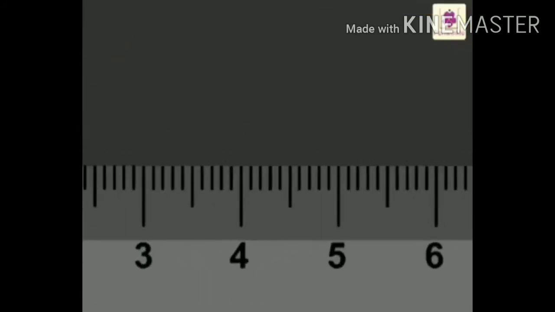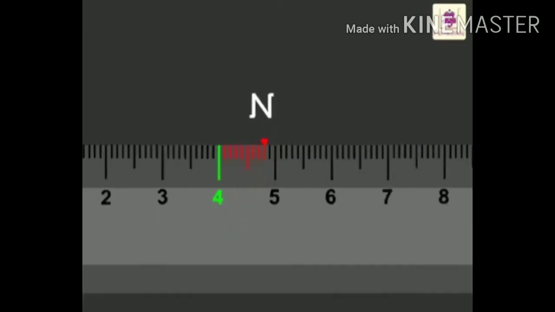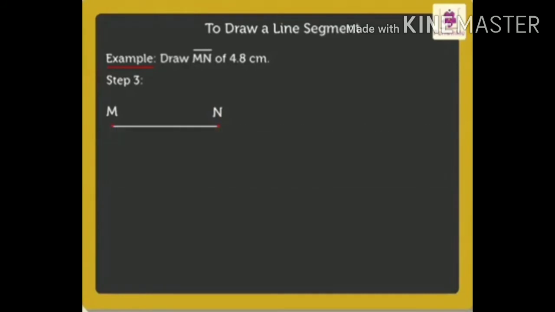Next, mark point N such that it coincides with the 8th division after the 4 centimeter mark on the ruler. Step 3. Now, join the points M and N to form line segment MN and mark it as 4.8 centimeters.